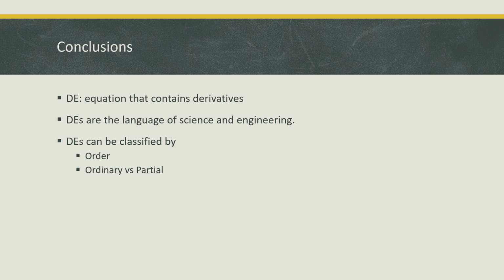The order of a differential equation is the order of the highest derivative that it contains. It is a partial differential equation if it contains partial derivatives. If it contains ordinary derivatives and no partial derivatives, we call it an ordinary differential equation.